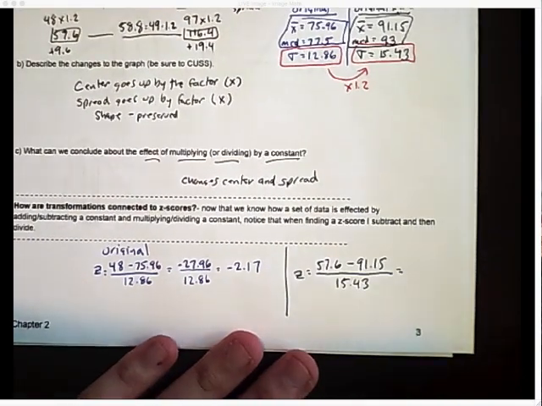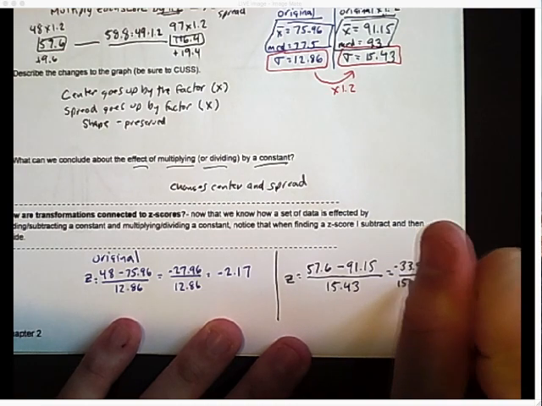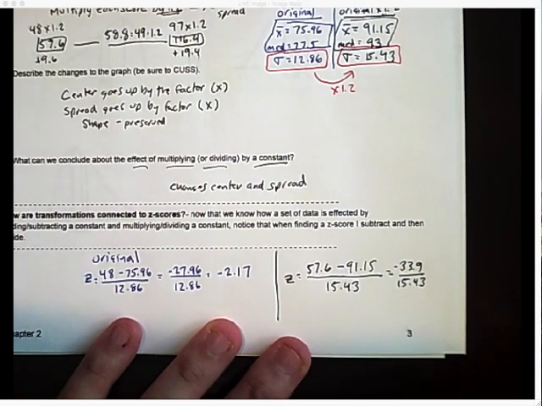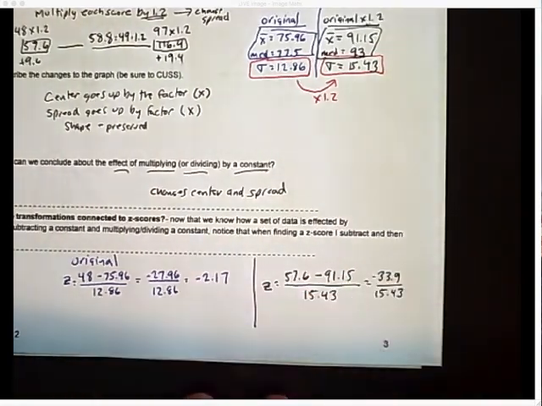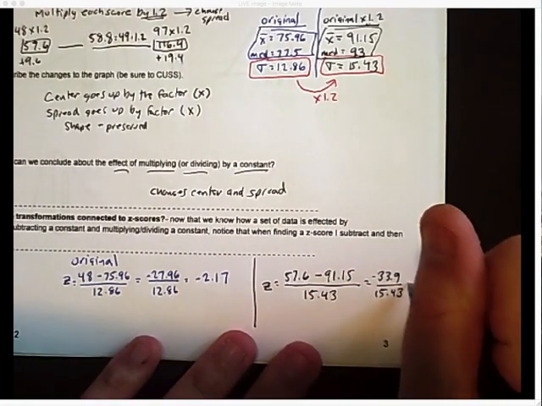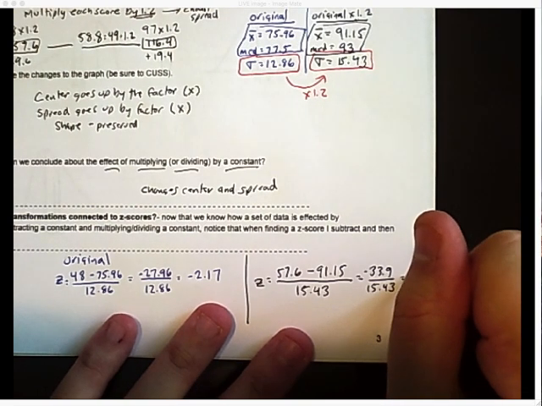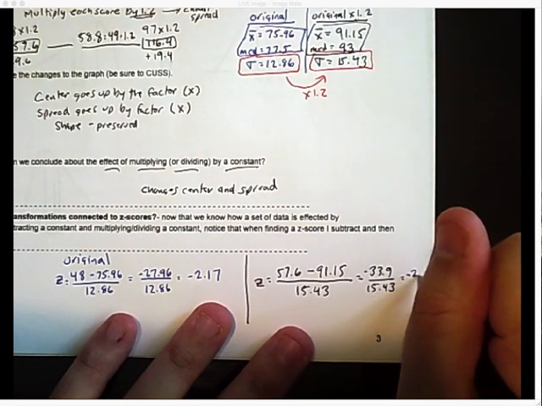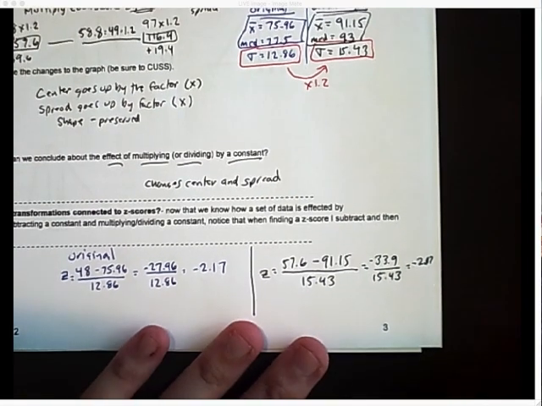If you actually do the math, that's negative 33.9 divided by 15.43. And that's going to be basically the same, roughly about the same. If I actually used all the decimals, they would be exactly the same.